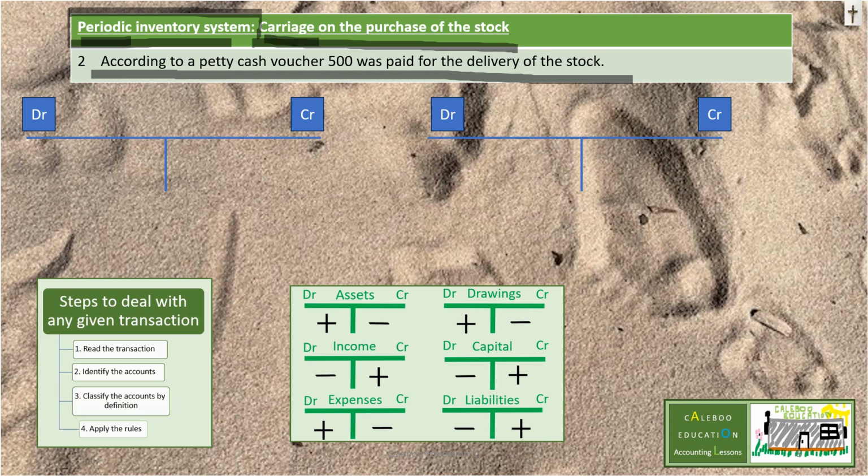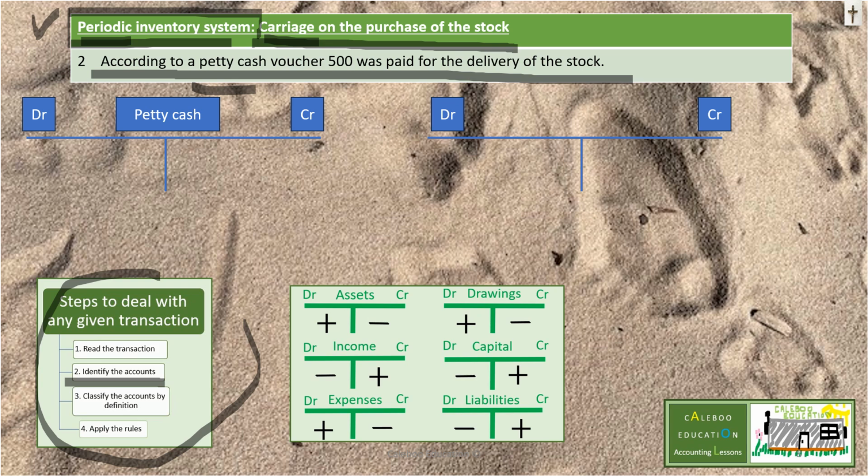So we apply the steps, we read the transaction, we need to identify the accounts. Petty cash is being used to pay for the delivery of the stock. So petty cash is the one account. And what happens in the periodic inventory system? The cost of the delivery is recorded separately.